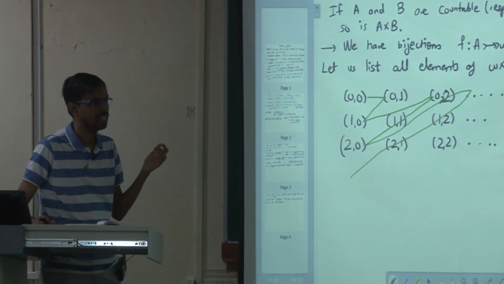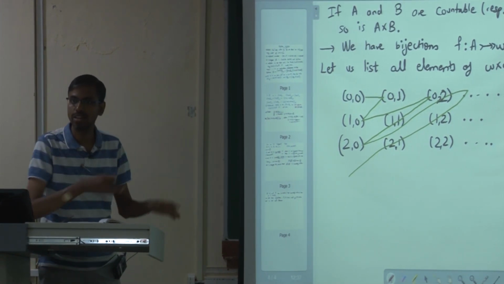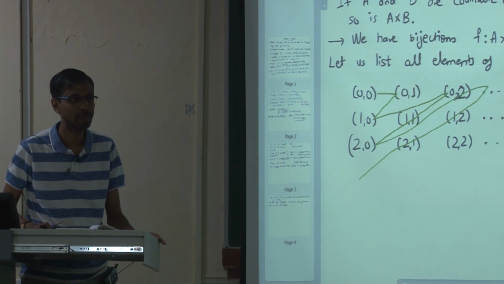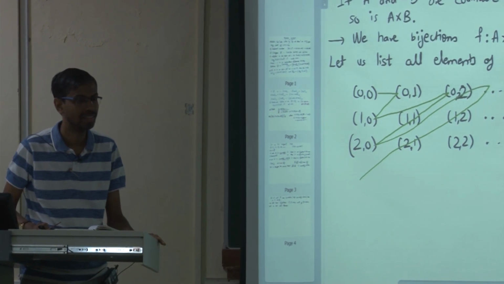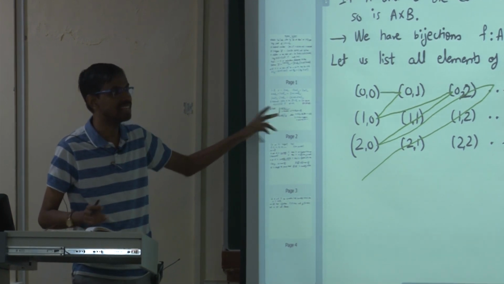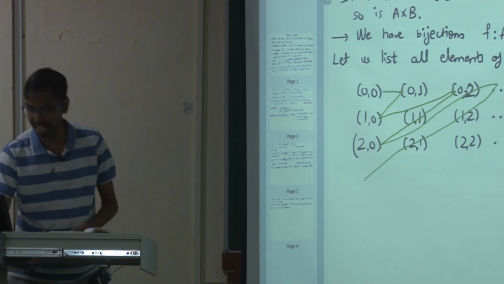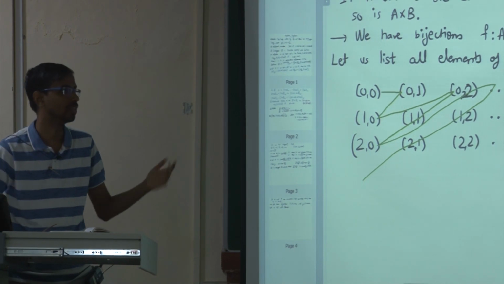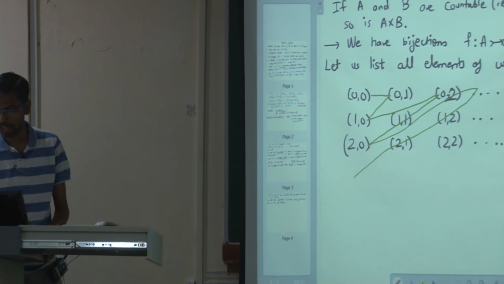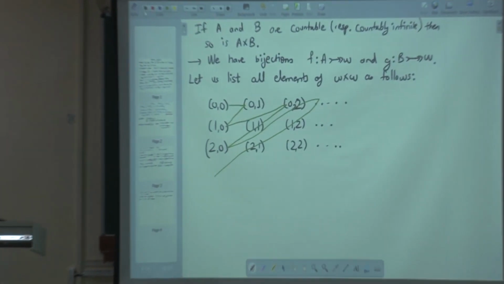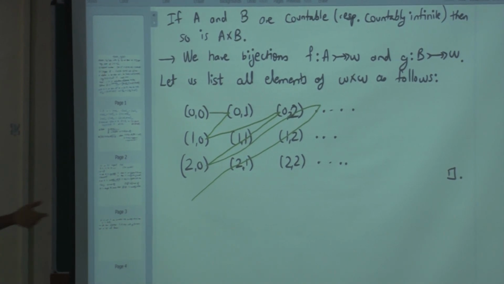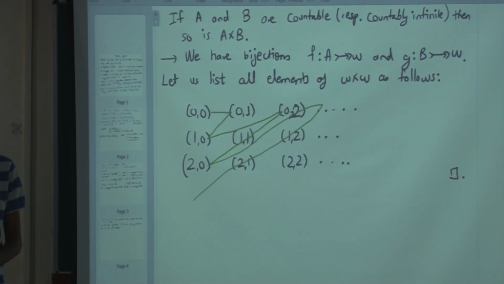If you wish, you can invest your time and find the formula for this explicit bijection, but it's not necessary, is it? Listing is saying that this is my first element, second element, third element, and so on. So the product of two countable sets is countable. You can use the same argument; I just did it for infinity, but you don't need to.